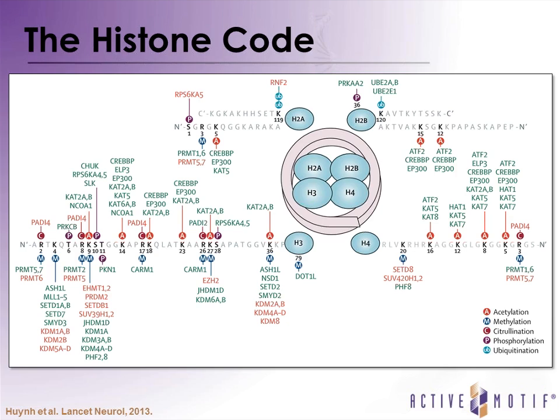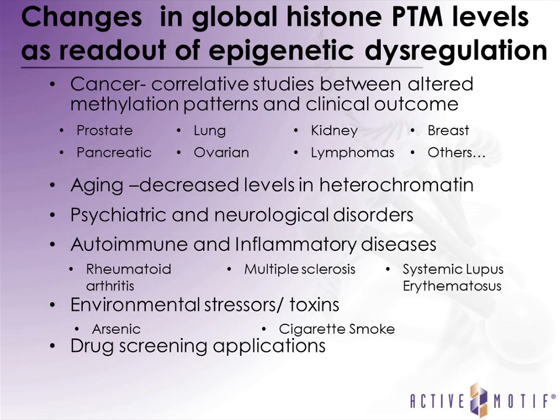This dysregulation is also manifested at the cell level as changes in the global levels of histone modifications. And these changes have been observed in a variety of different states that include cancer, aging, psychiatric and neurological disorders, autoimmune and inflammatory diseases, and following exposure to environmental stressors or toxins such as arsenic and cigarette smoke.